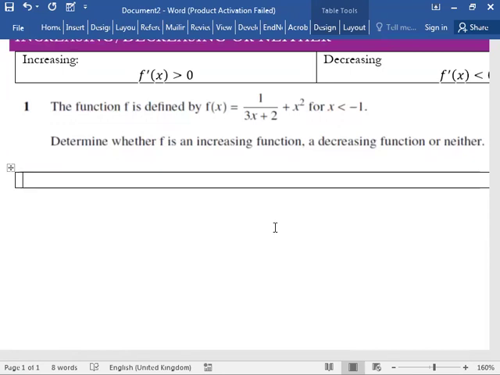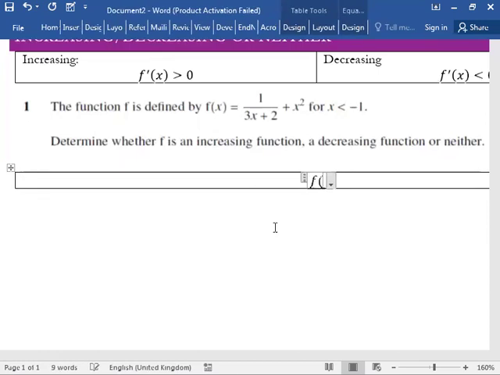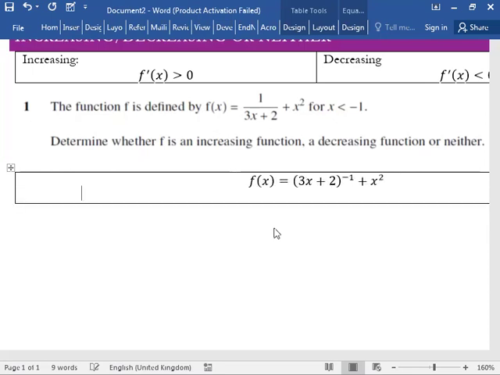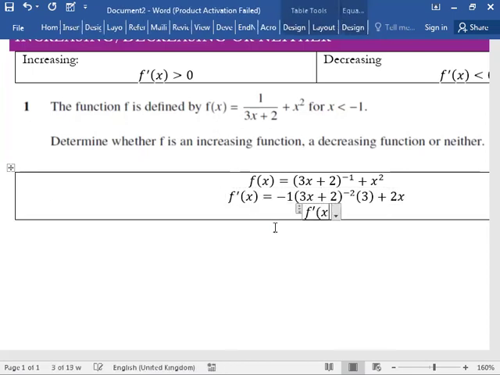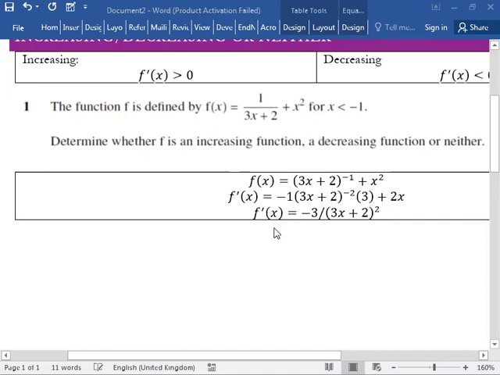What will we have to do first? Find the derivative. First we must rewrite it as (3x + 2) to the power negative 1 plus x squared. f'(x) is negative 1 times (3x + 2) to the power negative 2, times the derivative of the inside, plus 2x. So f'(x) is minus 3 upon (3x + 2) squared, plus 2x.